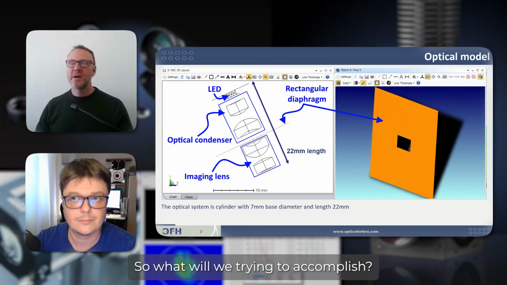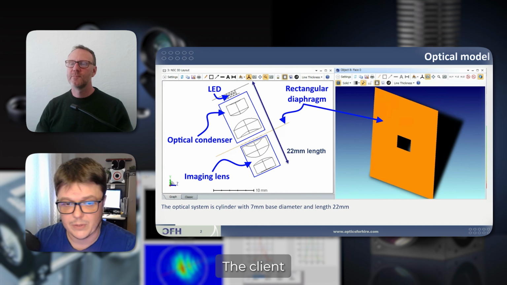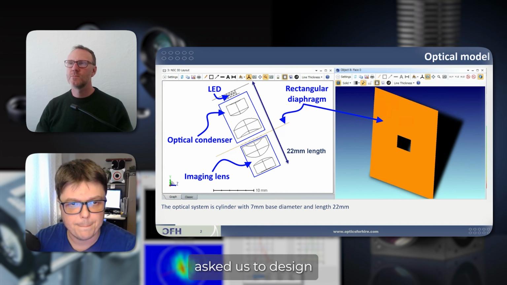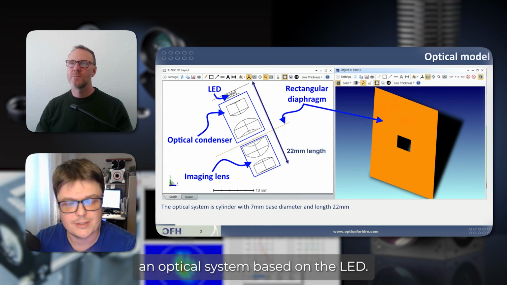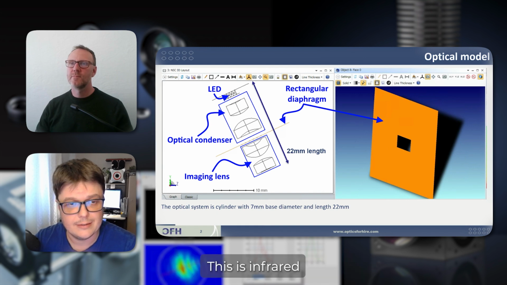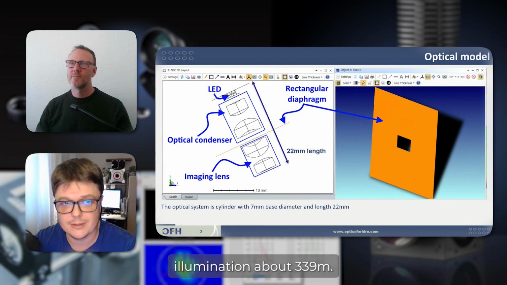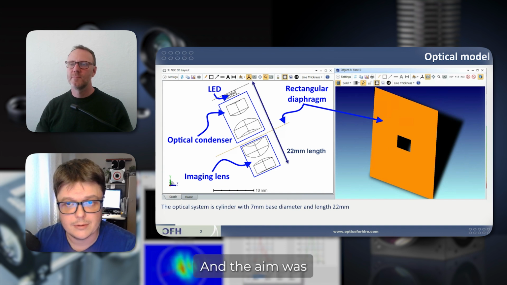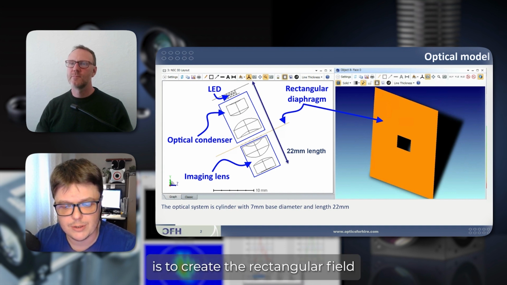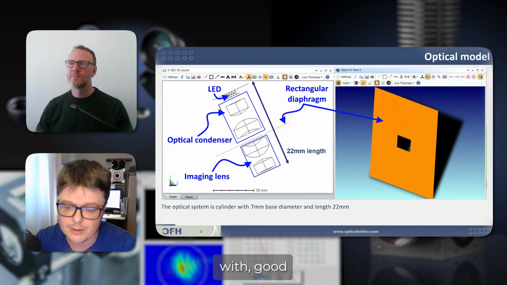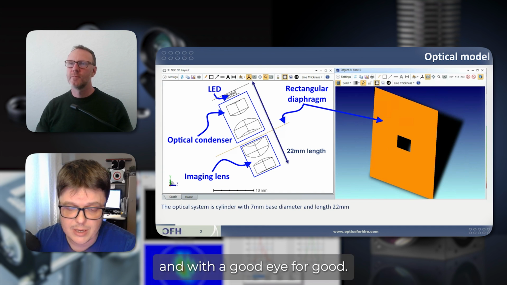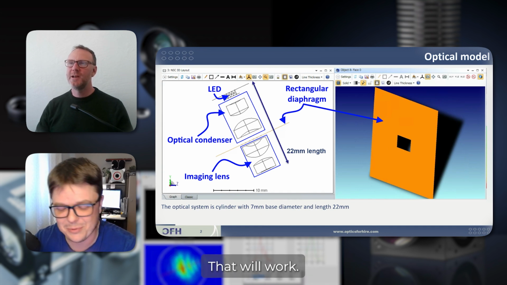So what were we trying to accomplish? The client asked us to design an optical system based on the LED. This is infrared illumination, about 930 nanometers, and the aim is to create the rectangular field with good bright illumination and with a good uniformity.